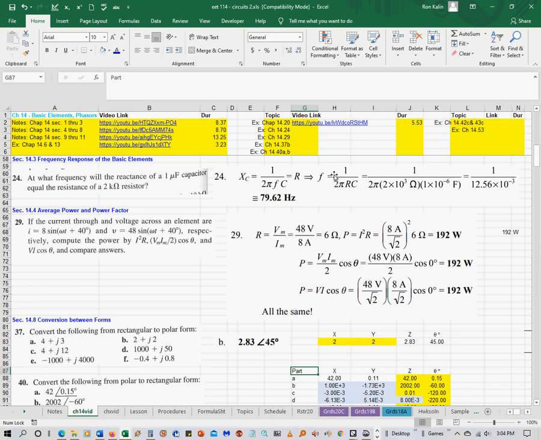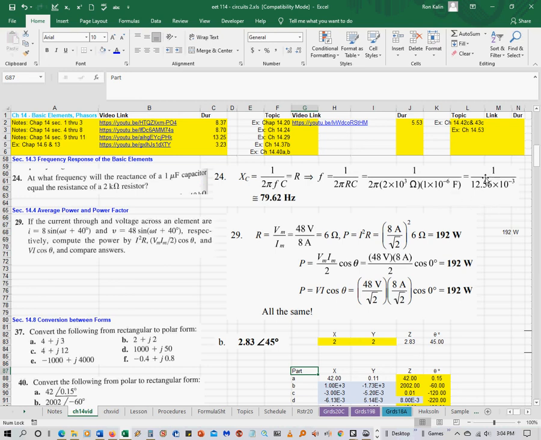So you get f equals 1 divided by 2 pi R C. Then you substitute in the values for R and C: 1 divided by 2 pi times 2 times 10 to the third ohms, which is 2 kiloohms, and C is 1 times 10 to the negative 6 farads.